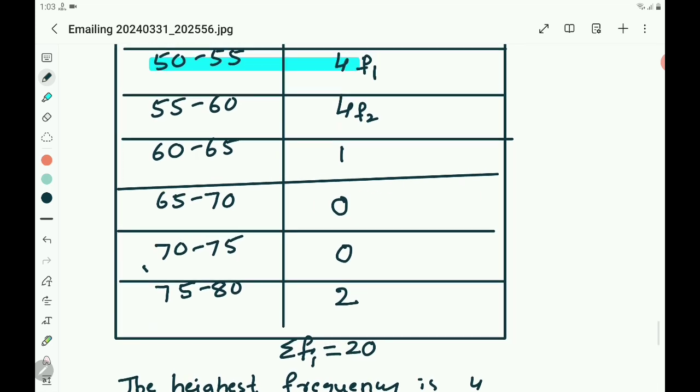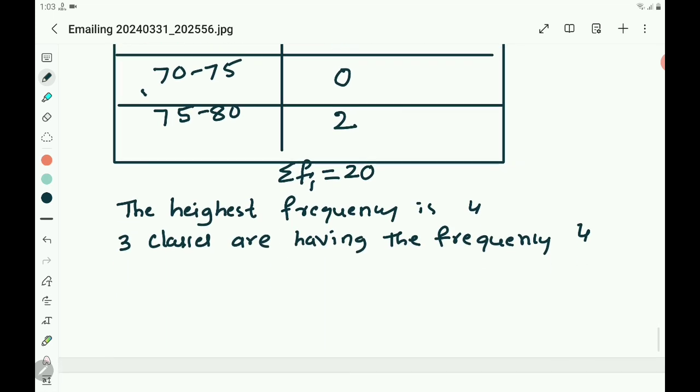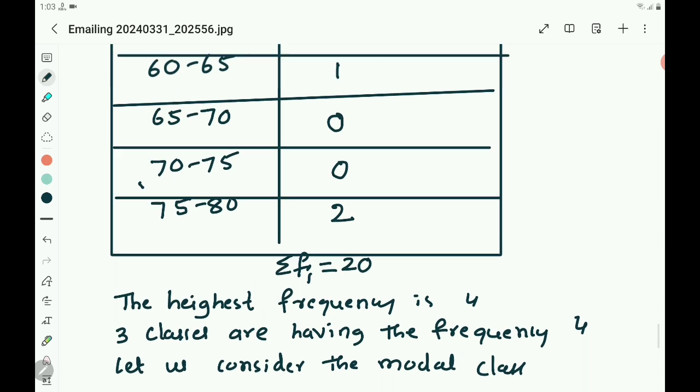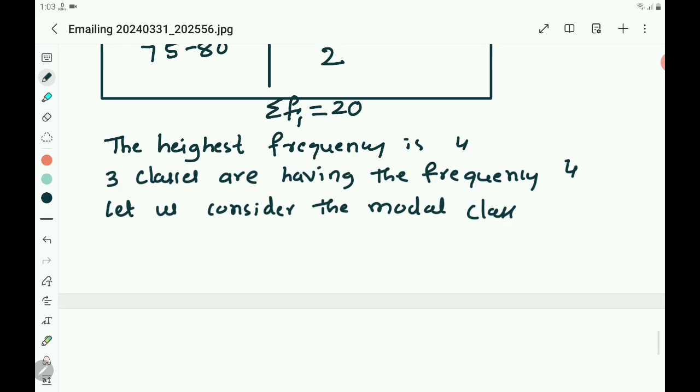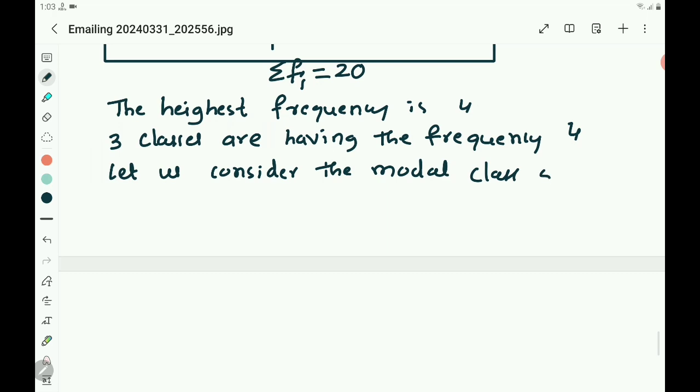So let us consider the modal class 50 to 55.